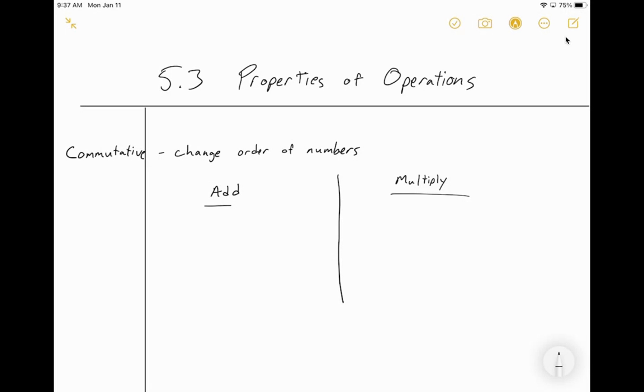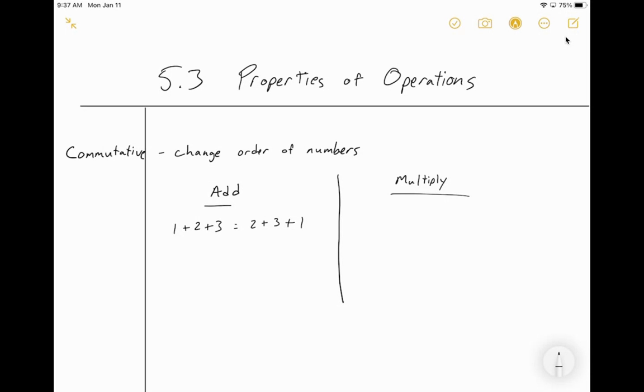So here's a good example, okay? 1 plus 2 plus 3 is the same thing as 2 plus 3 plus 1. Is that true? Yeah, that's true, okay? You can add things in whatever order you want, as long as it's just adding, okay? The commutative property says I can move stuff around as much as I want, okay?